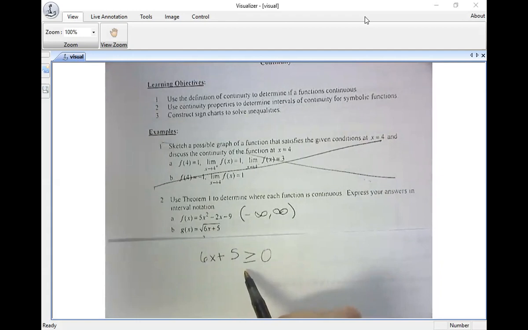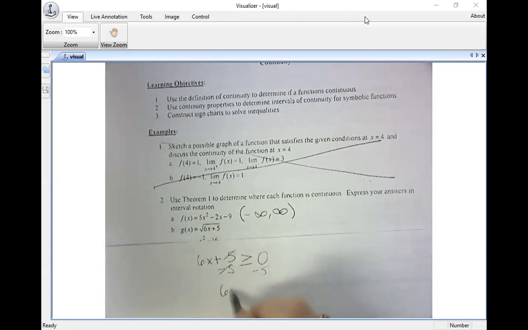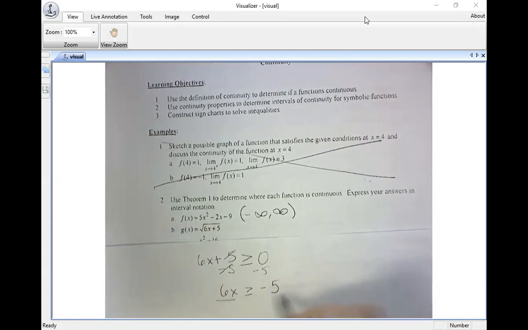By doing what? Subtract the 5, and you get 6x is greater than or equal to negative 5, and then do what? Divide by 6.